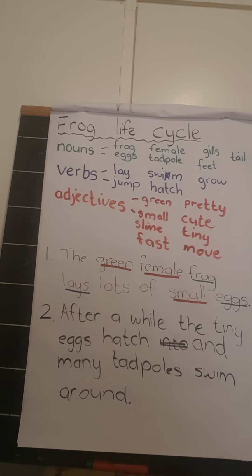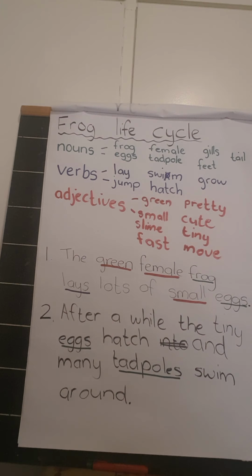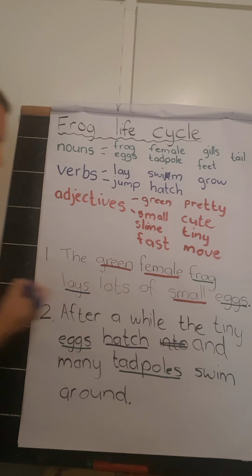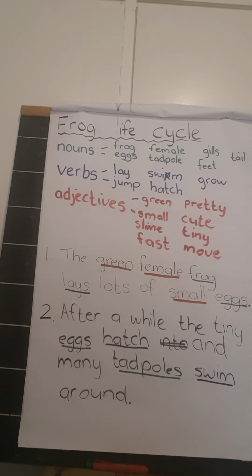Let's find our noun. Our first noun is eggs, and our second noun, tadpoles. All right. Verbs are action words. So, hatch is an action, and swim is an action.